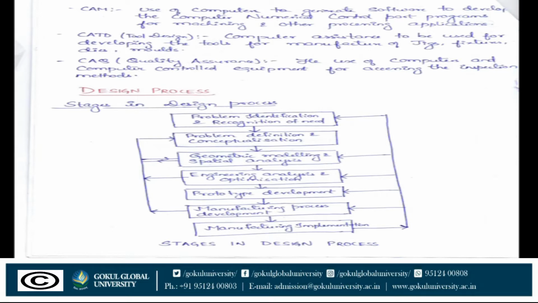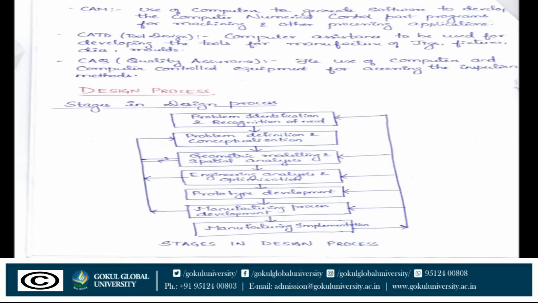Third is geometric modeling and spatial analysis. That means the design may be made in AutoCAD, in 2D or 3D, in CATIA, ANSYS or different software. You have to design those models, that means geometric modeling. Next is engineering analysis.